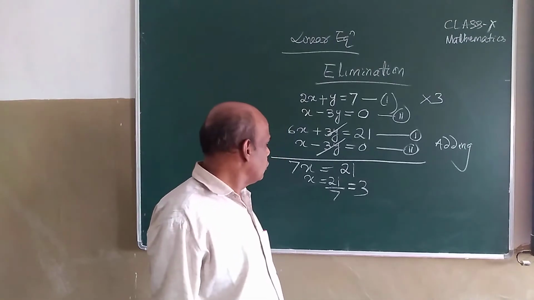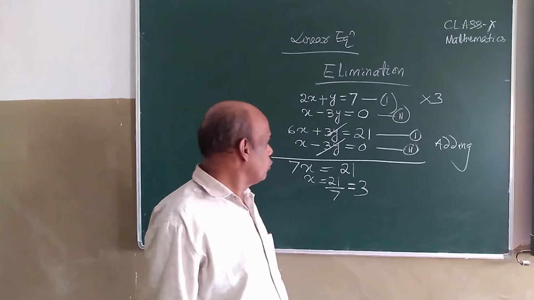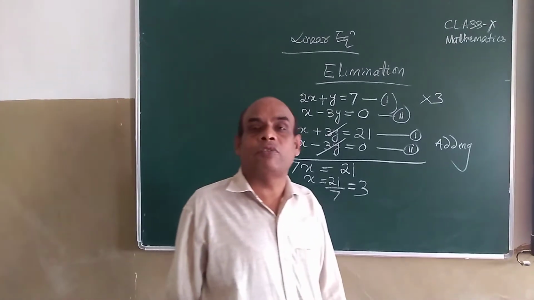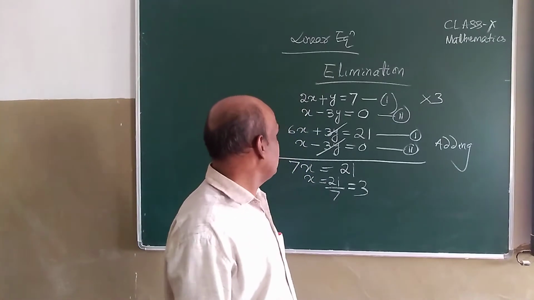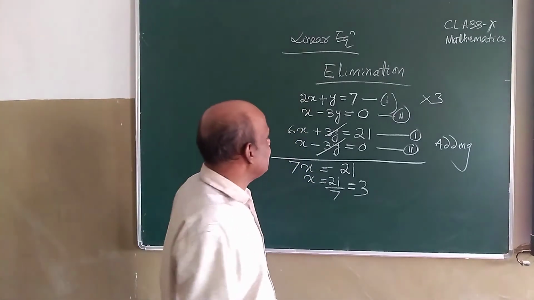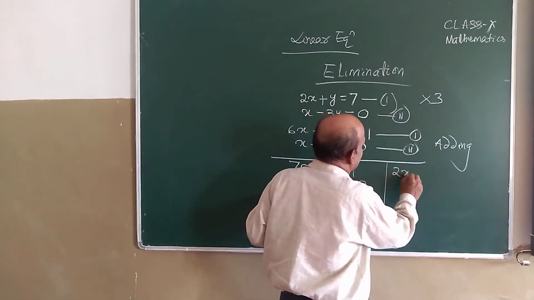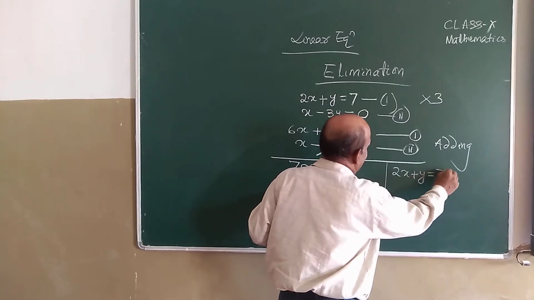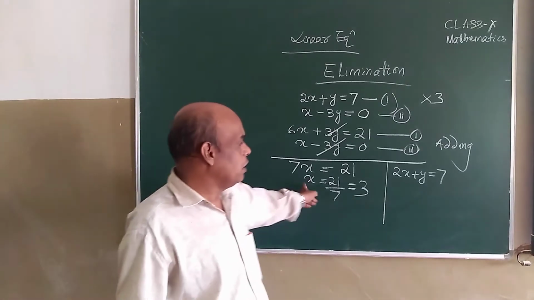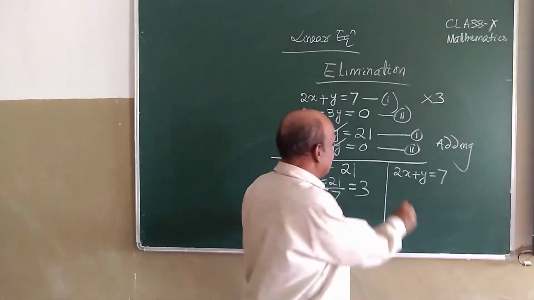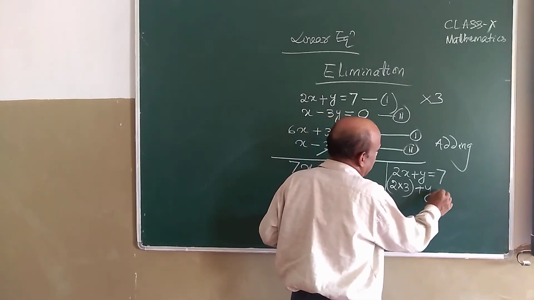Then what you have to do is put the value of x either in equation number 1 or in equation number 2. Any equation will do. The first equation is 2x plus y is equal to 7. Now put x is equal to 3: 2 into 3 plus y is equal to 7.